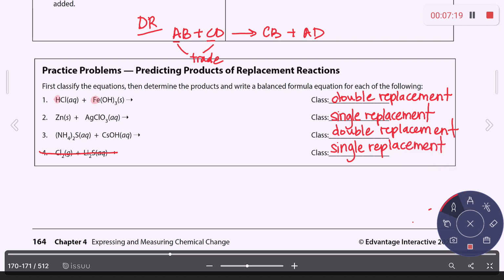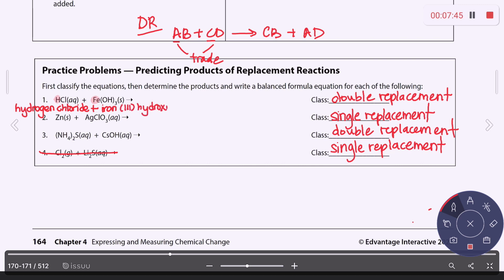Okay. What we want to do here is write this out in words. So instead of writing this as hydrochloric acid, we're going to write this as hydrogen chloride. It will make it easier when we decide to predict our products. And then this is iron 3 hydroxide.